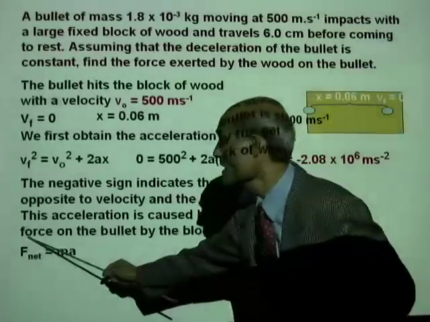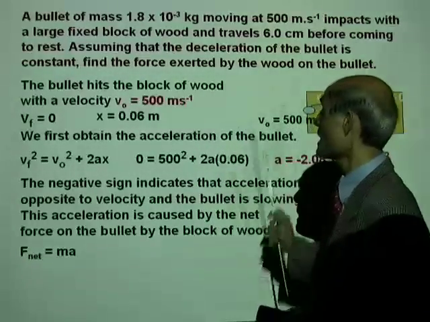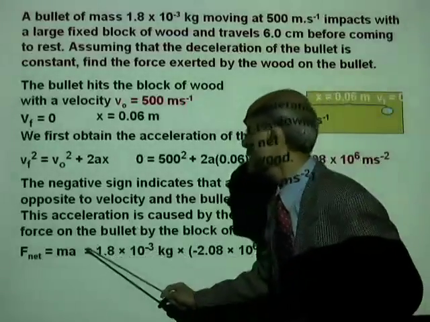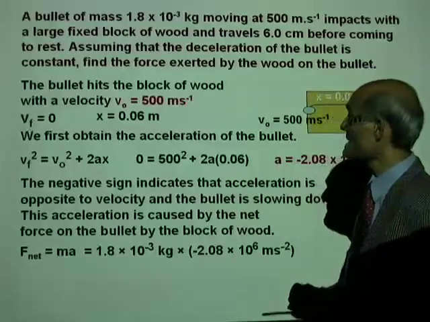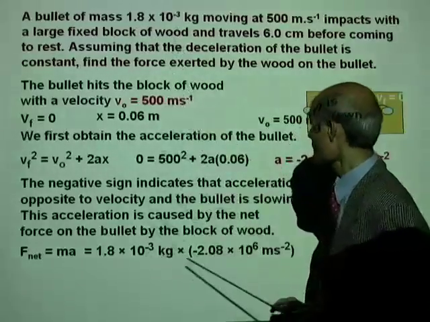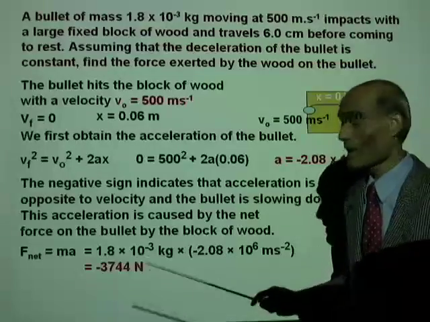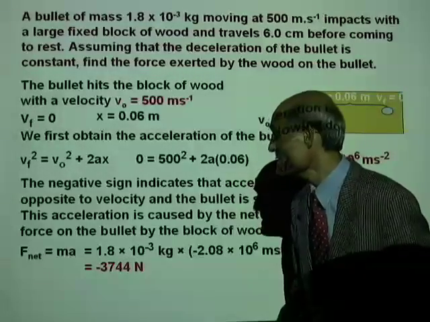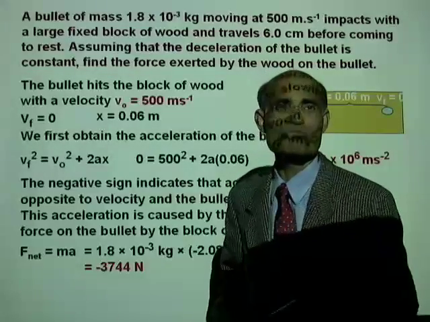to ma, and we are looking for that net force applied by the wood, and that will be the mass of the bullet, 1.8 times 10 to the negative 3 kilogram. That is here, and multiplied with the acceleration, we get that the force is negative 3,744 Newton.